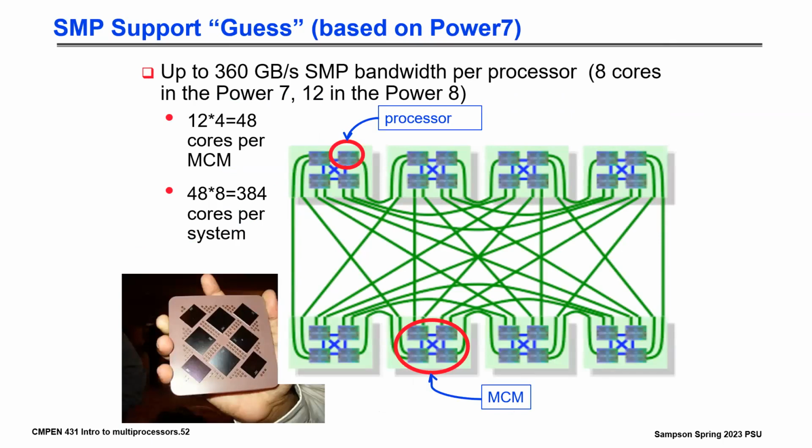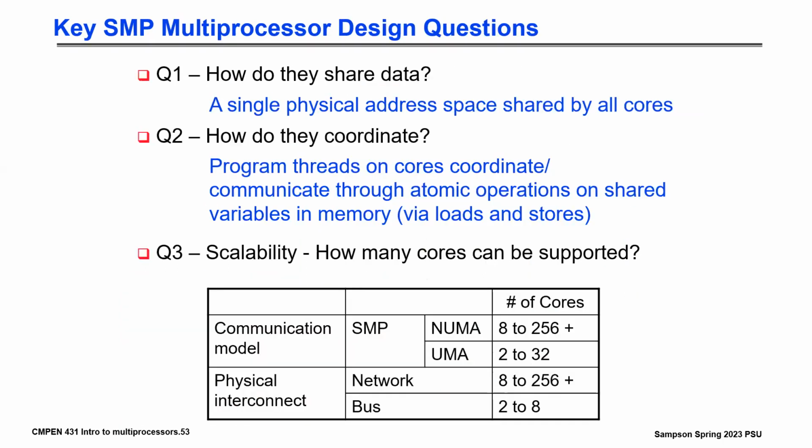A few hundred cores all trying to agree on what value a particular piece of memory has is not something we actually want to bother with, A, for reasons of physical interconnect and communication model scaling, but B, also because of the types of problems which are best exploited at different scales.